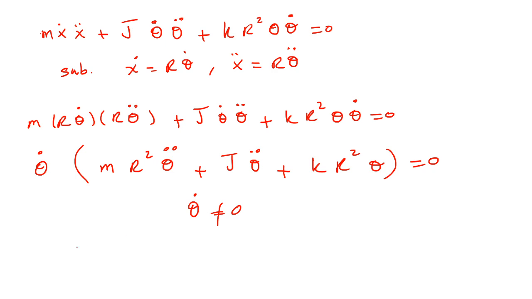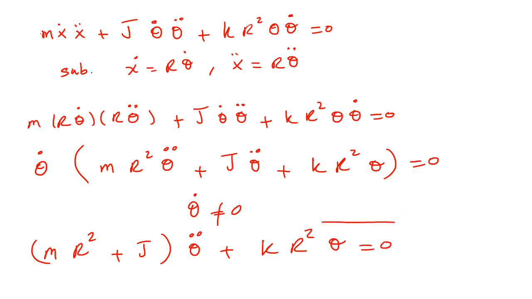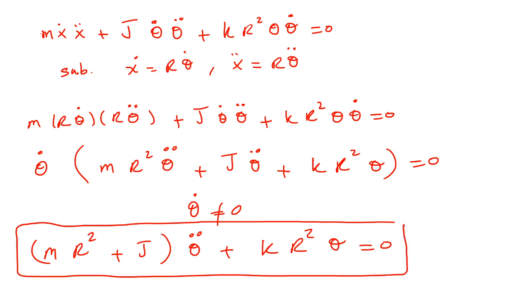So this equation, m r squared plus j times theta double dot plus k r squared theta equal to 0, is your equation of motion. We got it.